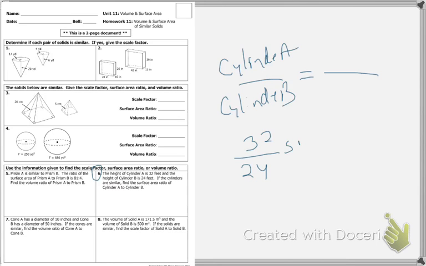Now this needs to be simplified before we can continue. So if we simplify it, becomes 4 over 3.